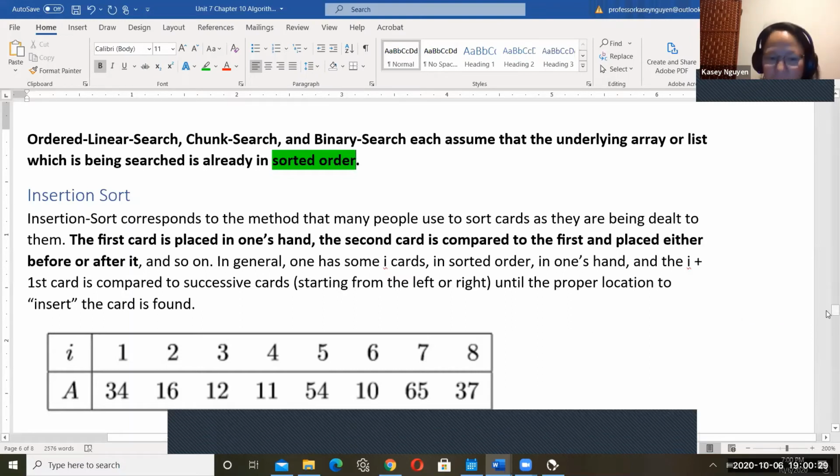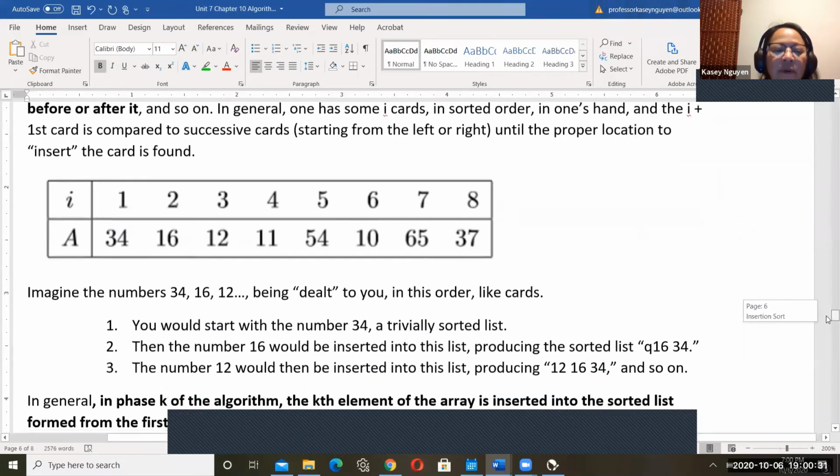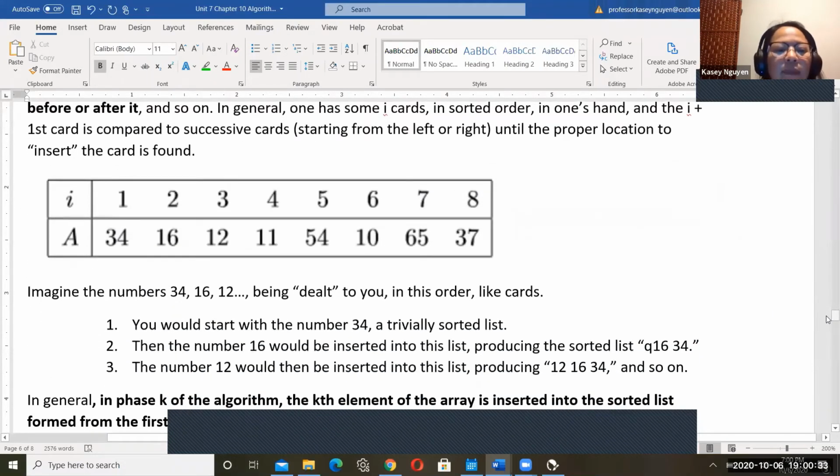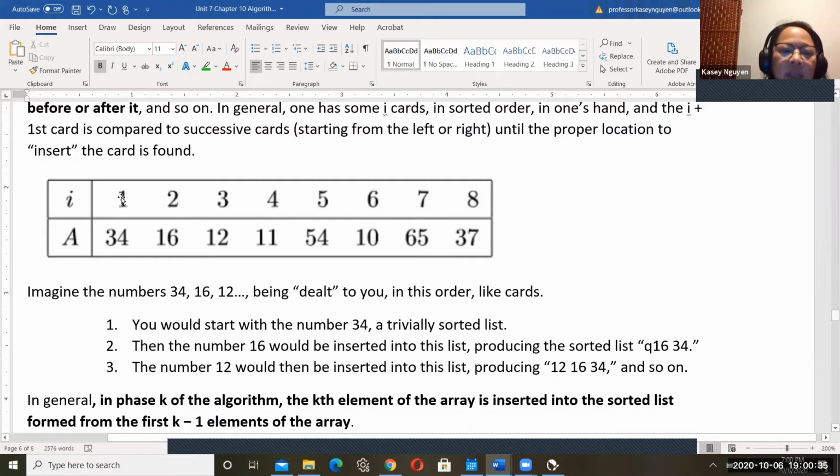Okay, so here's the example. Here's your index from the 1st through the 8th. As we receive the values, we can compare to the last value and then organize it. So we would start with 34.